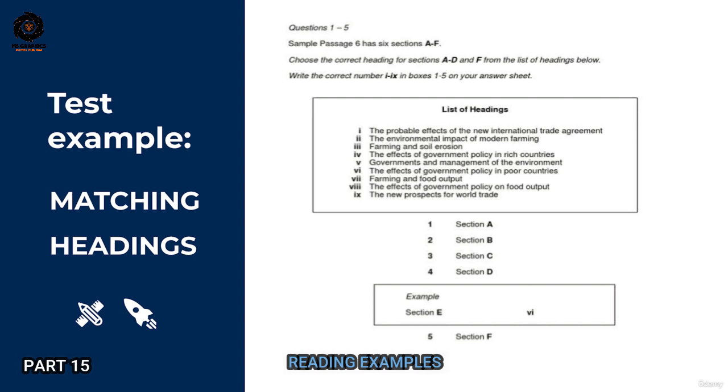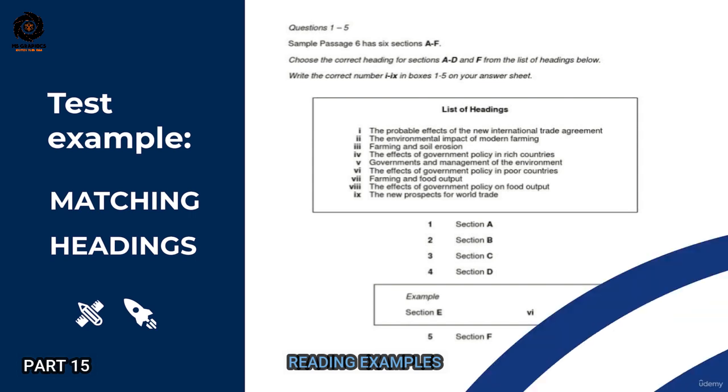So what you're going to do is read the list of headings and then match it to each section. Again, remember that when you go back to the paragraph, if you look at the first sentence and the last sentence, you get an overview of what is said in that specific paragraph.